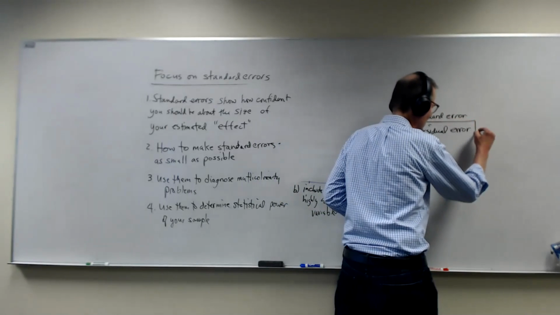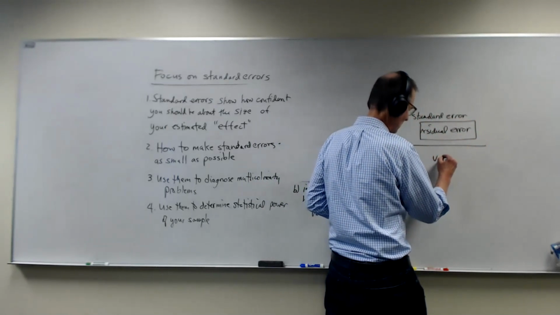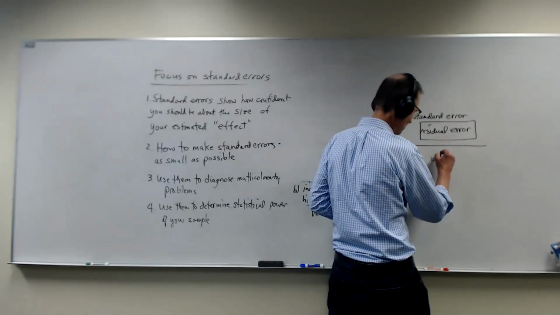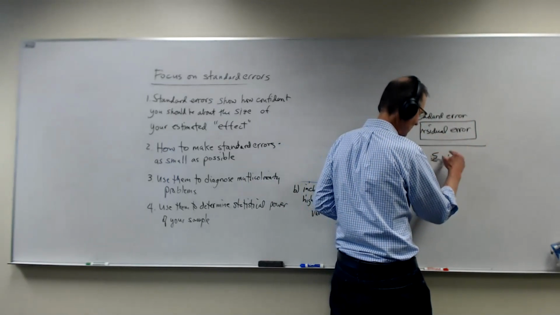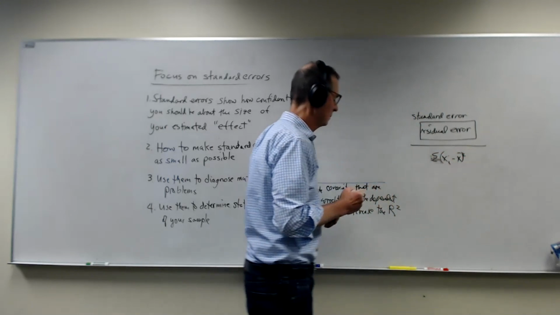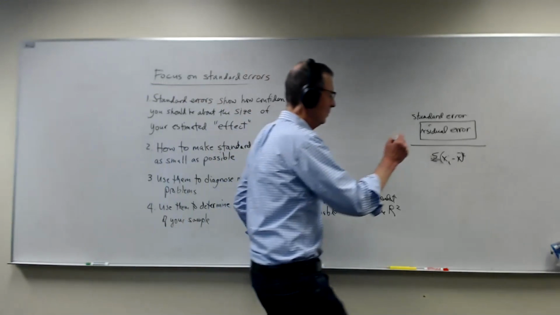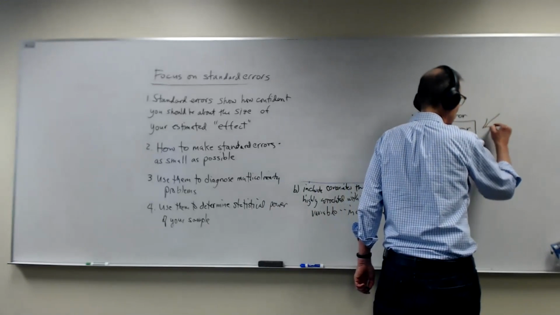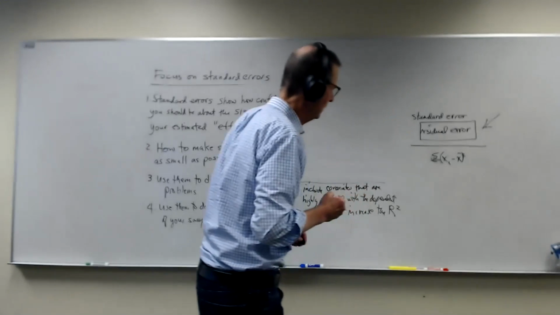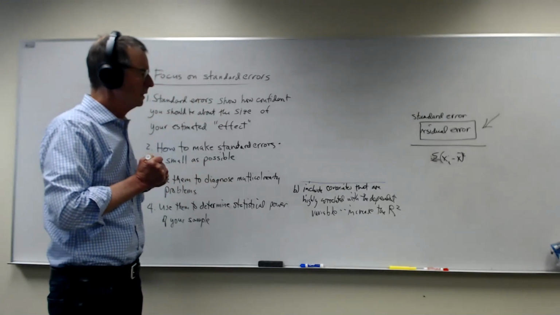But it's that divided by essentially our sum of xi minus x bar squared, the square root of that, that's the variance of x. So the action item here is this residual error, and you want to make it as small as possible.